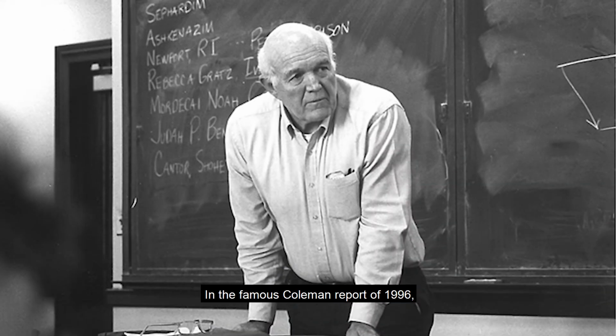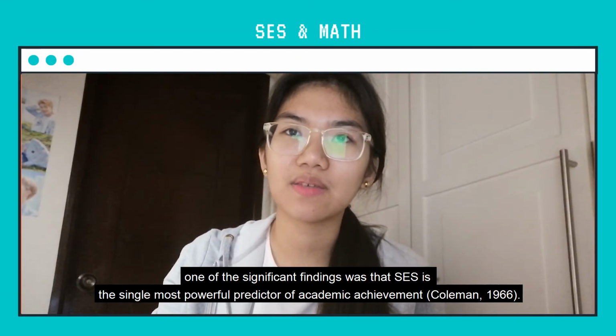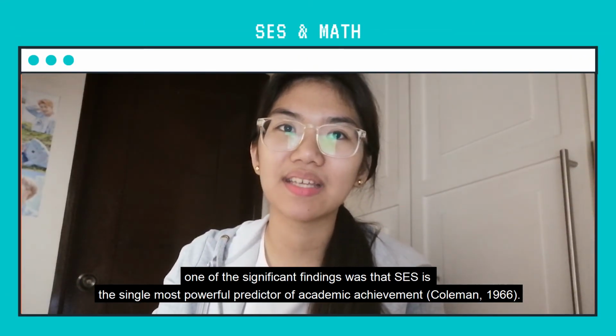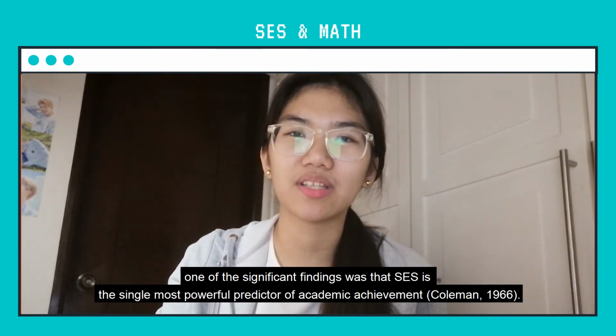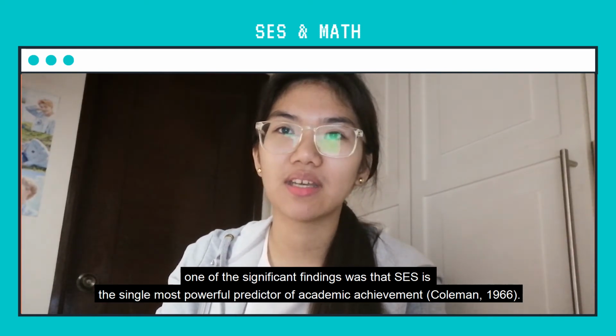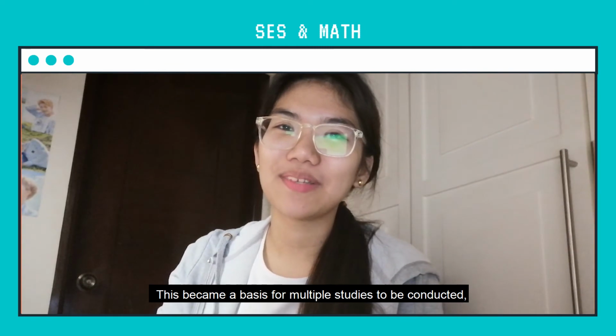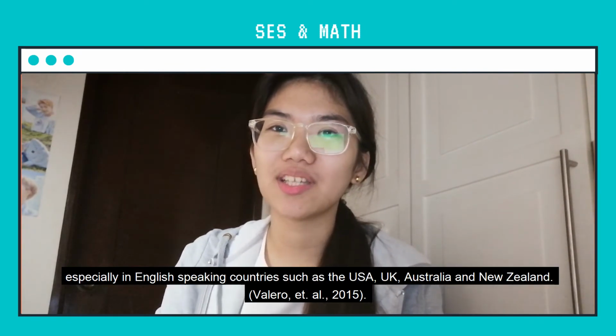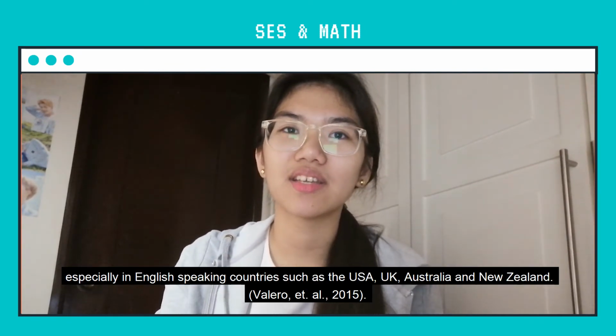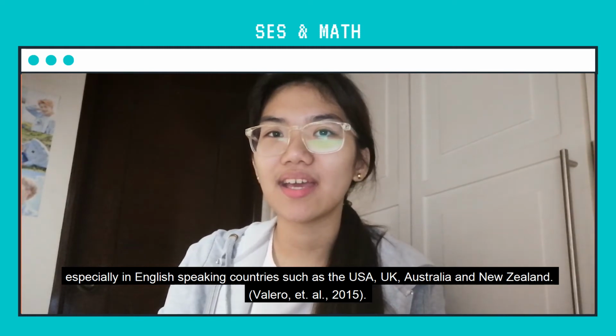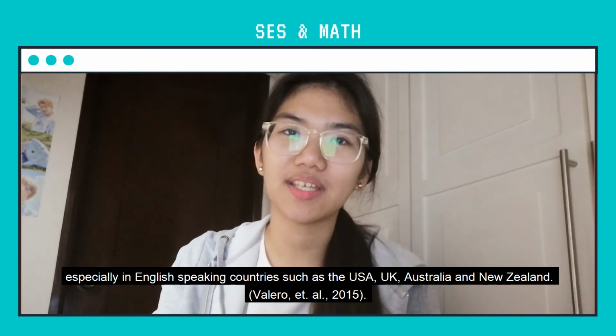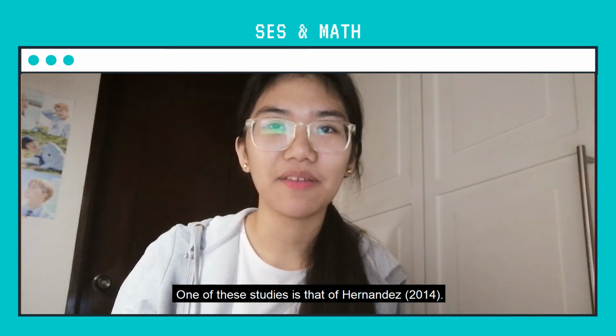In the famous Kuhlman Report of 1966, one of the significant findings was that socioeconomic status is the single most powerful predictor of academic achievement. This became a basis for multiple studies to be conducted, especially in English-speaking countries such as the USA, UK, Australia, and New Zealand.